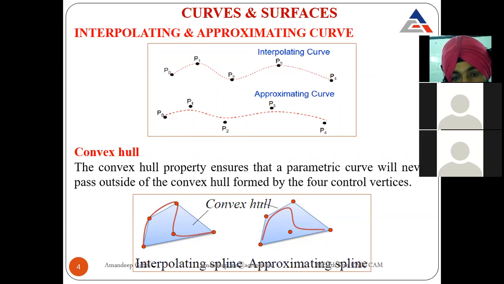Why do we call it a control point? When you have to generate a curve in AutoCAD or CAD software, you pick a curve, or click on the screen at some point. Then again you click on some point. It will generate a curve automatically. If you pick that point and drop it downward, then the curve will reach here.